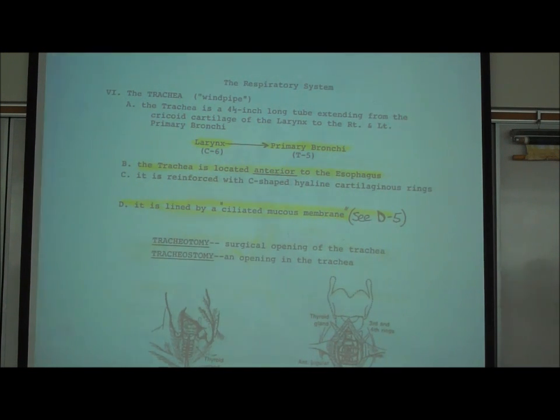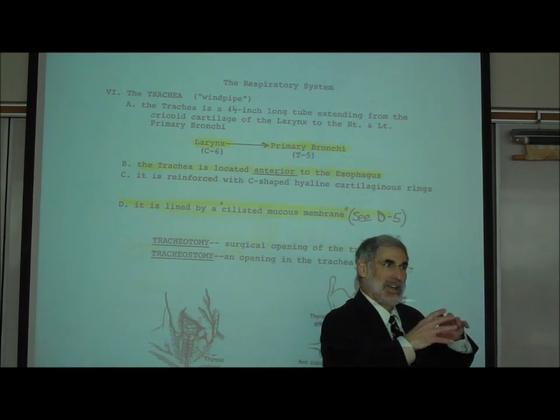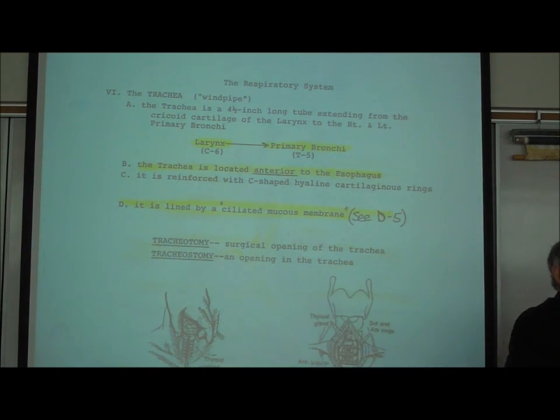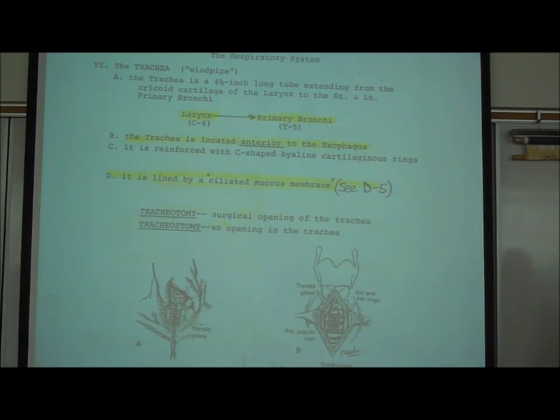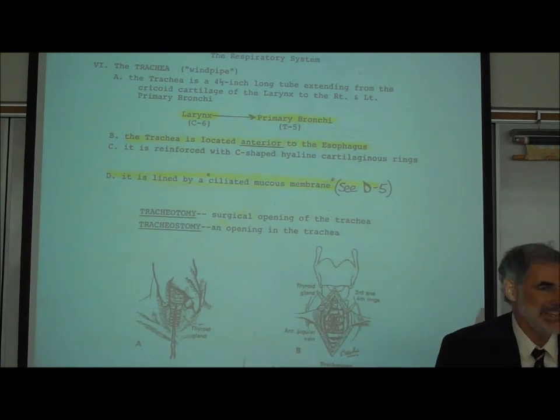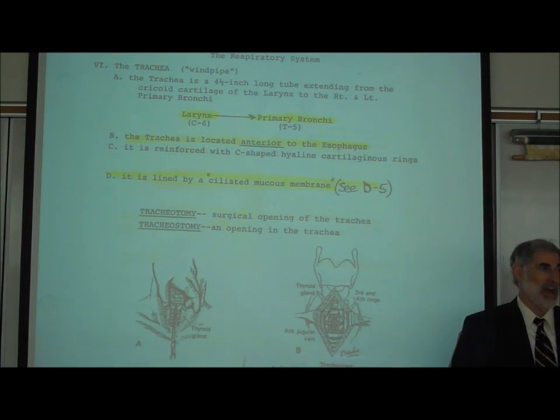Now the trachea and the airways in general are held open by hyaline cartilage. The rings of hyaline cartilage prevent it from collapsing. The inside lining of these airways, including the trachea, is a ciliated mucous membrane. We've learned previously that's a shorthand way of saying pseudostratified ciliated columnar epithelium with goblet cells.